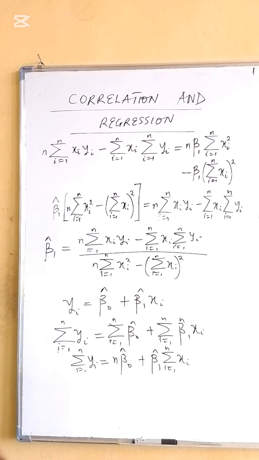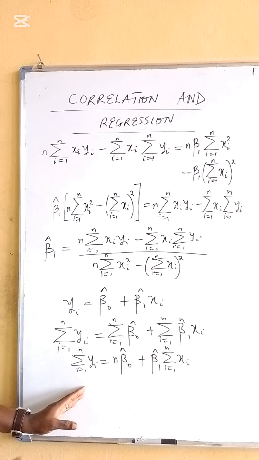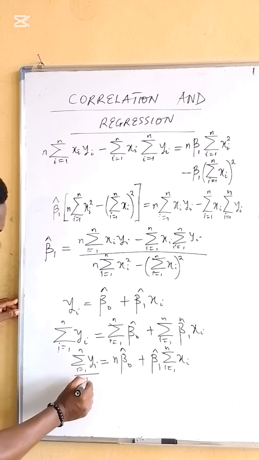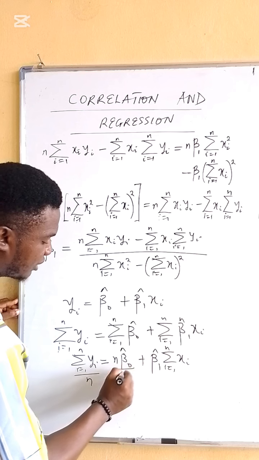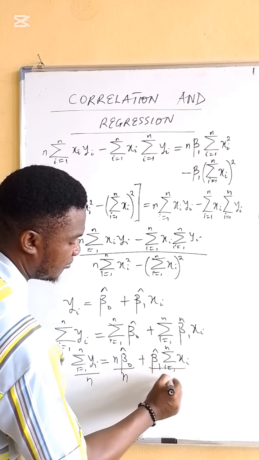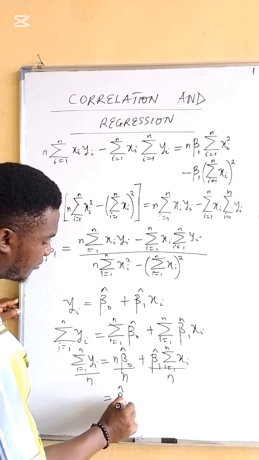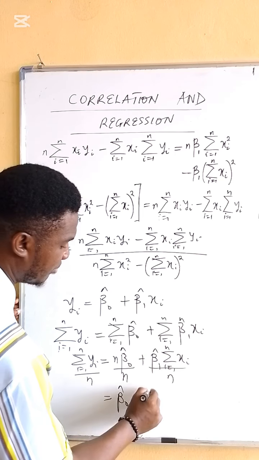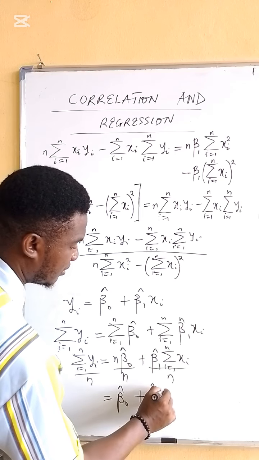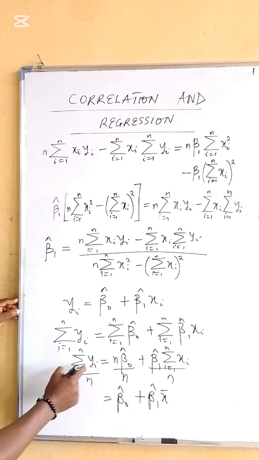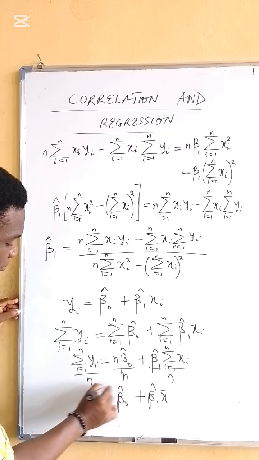Now, if you quickly divide both sides of this last expression by n, you end up having beta naught cap plus beta 1 cap x bar, that is the mean, and this will give you y bar.